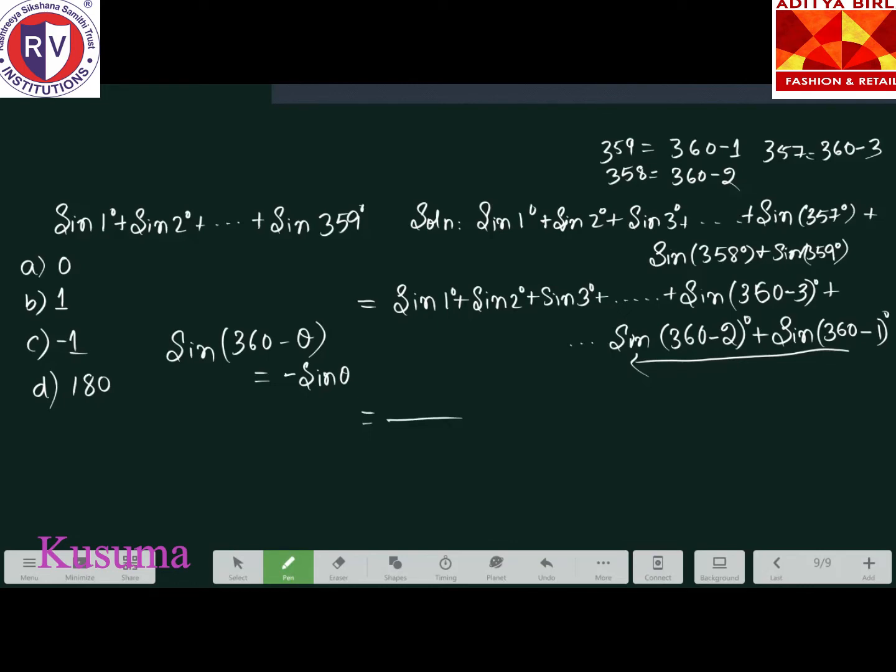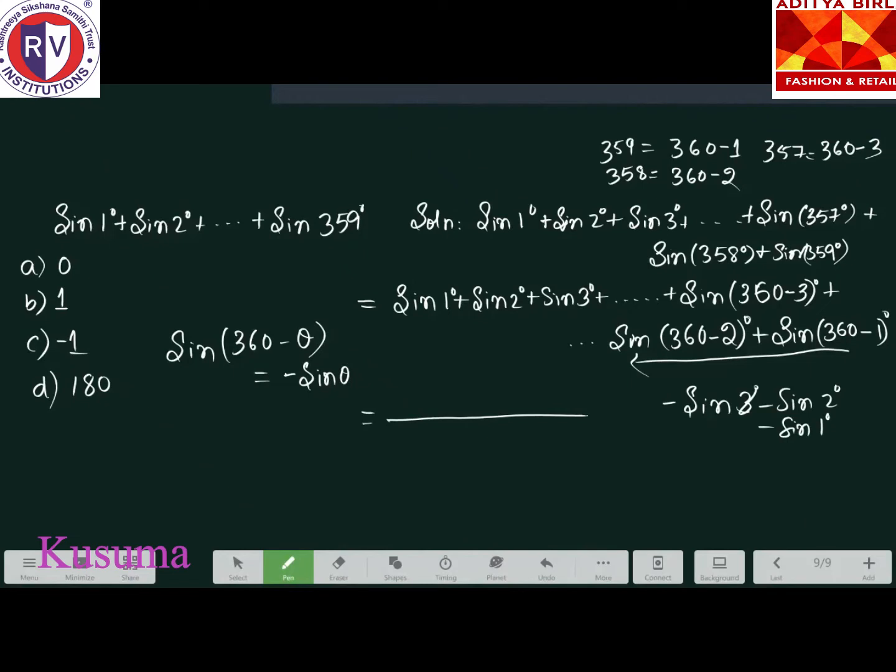The first three terms will be the same. But what happens to the last three terms? This will be minus sine 3 degree, minus sine 2 degree, minus sine 1 degree. And all the terms in the middle also will take the same form.